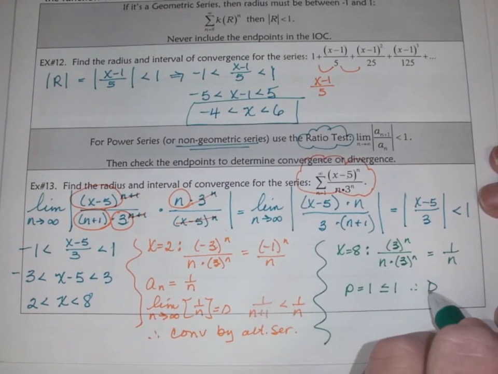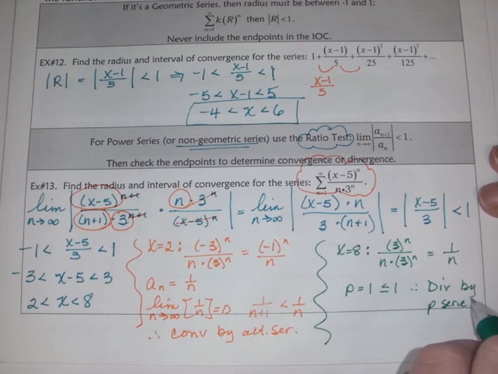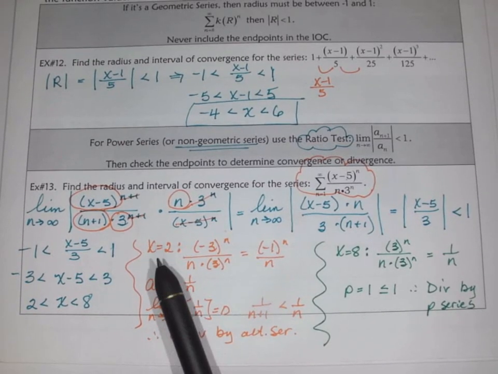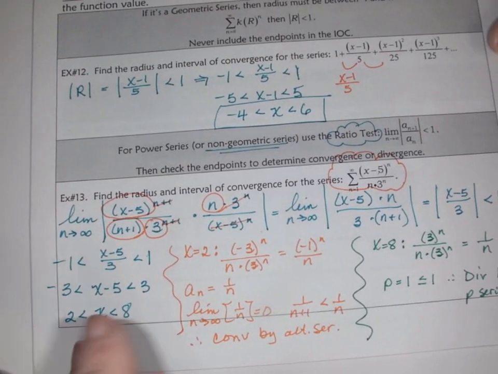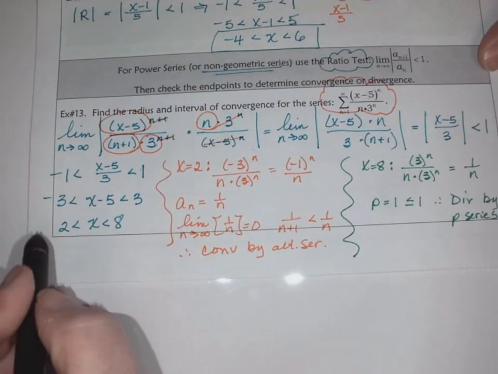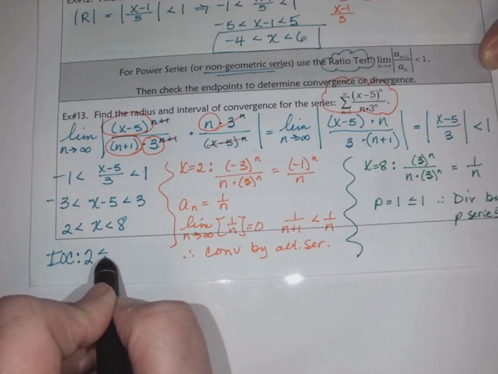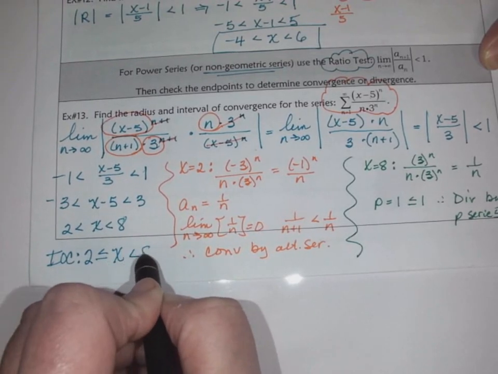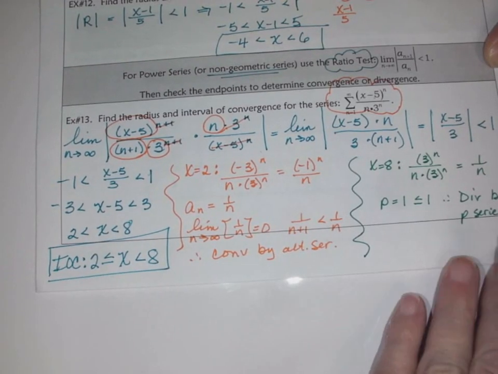So therefore, we diverge by p series. So ultimately, what that tells us is that 2 is a good number, that will work, but 8 is a bad number. So our IOC final answer is 2 less than or equal to x less than 8. So that becomes our IOC, okay?